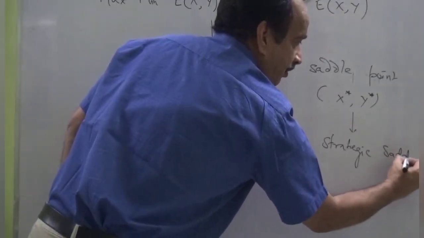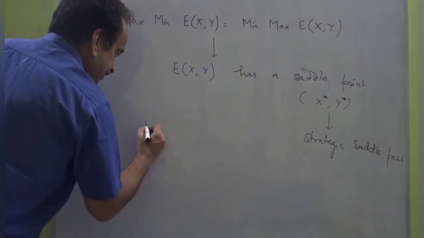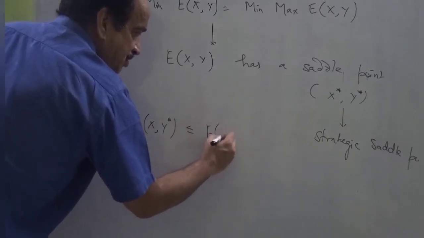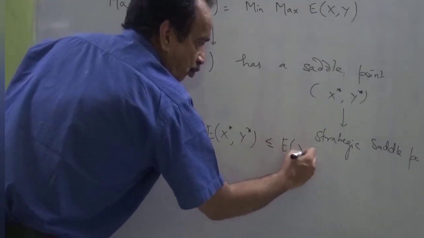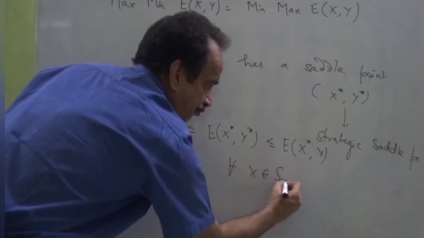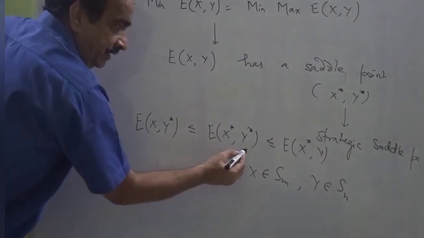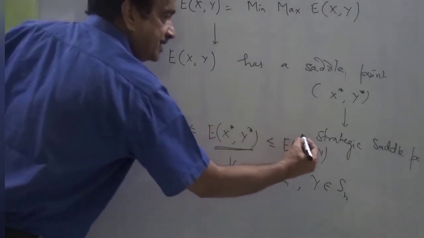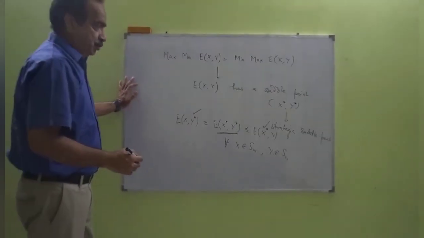Then precisely we have E(x, y star) is less than or equal to E(x star, y star) is less than or equal to E(x star, y), for all x in Sm and for all y in Sn. Then E(x star, y star) will be the value of the game. x star is an optimal strategy for P1, and y star will be an optimal strategy for P2.